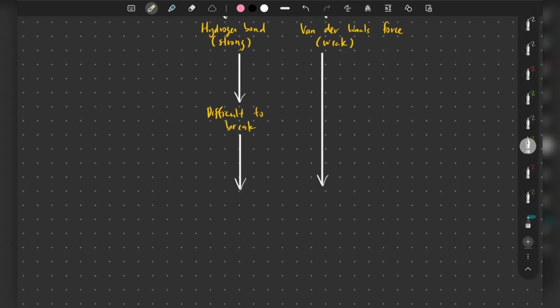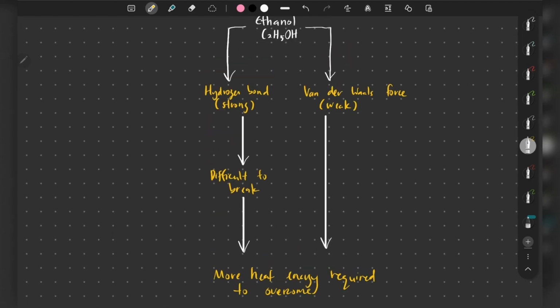When there are two attraction forces that need to be broken down, more heat energy is required to overcome both of these attraction forces.